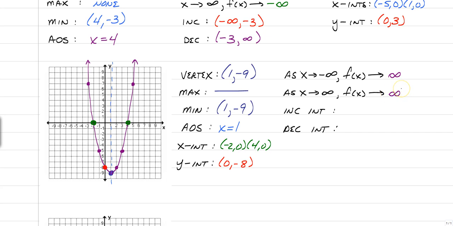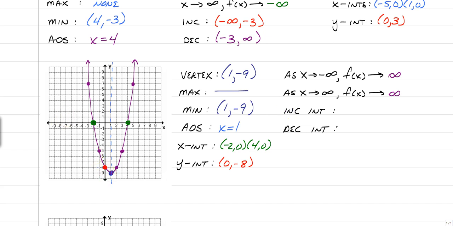So it is also approaching positive infinity. Now, little sneak peek, if we have any type of quadratic, x squared or x to the 4th, any even exponent, the end behavior is always going to go in the same direction. Okay, little spoiler alert.